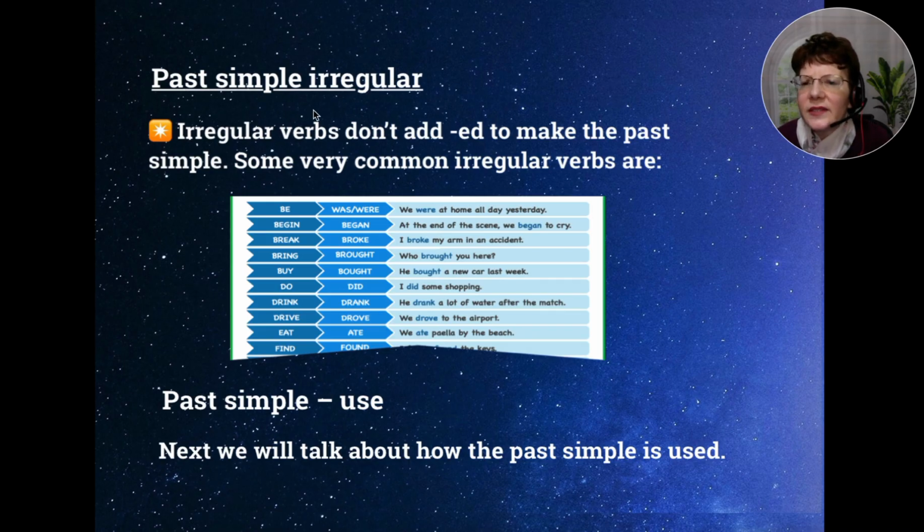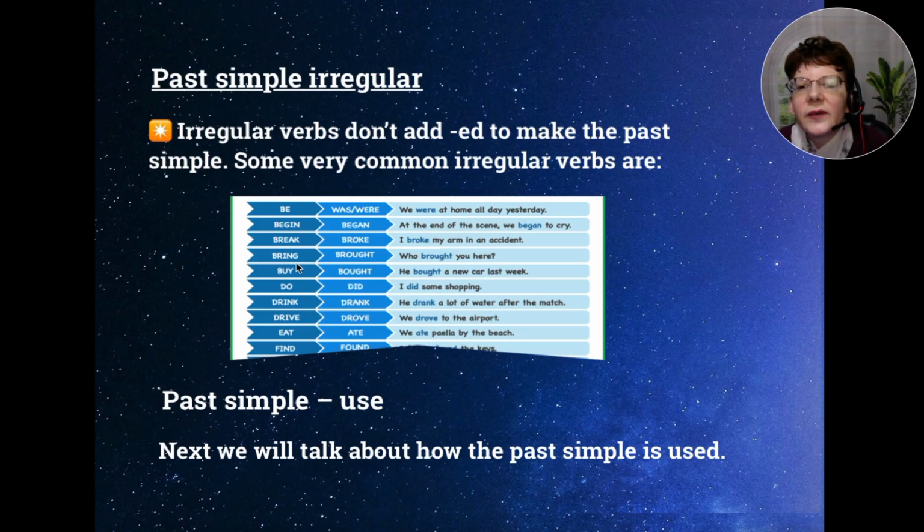Okay. Past simple irregular. So, irregular verbs don't add ed to make the past simple. Some very common irregular verbs are, you'll see a list of these. You have to actually memorize them. So, past for be is was or were. We were at home all day yesterday, for example.